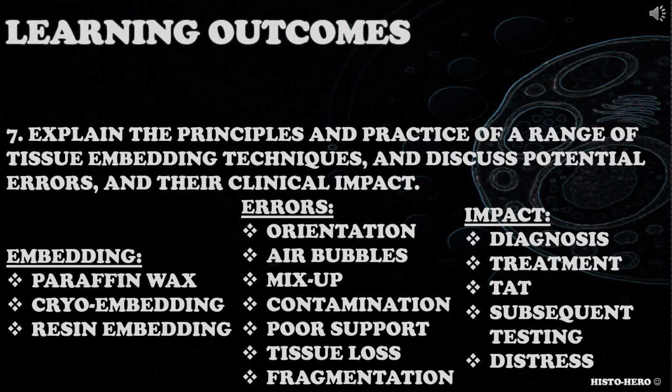Consider orientation, air bubbles, sample mix-up, poor tissue support, presence of staples or sticks, tissue not flat and so on. What could be the clinical impact of poor embedding? Consider tissue loss, misdiagnosis, delayed diagnosis and treatment, unnecessary procedures, compromised staining quality, distress, turnaround times, effect on subsequent analysis and so on.